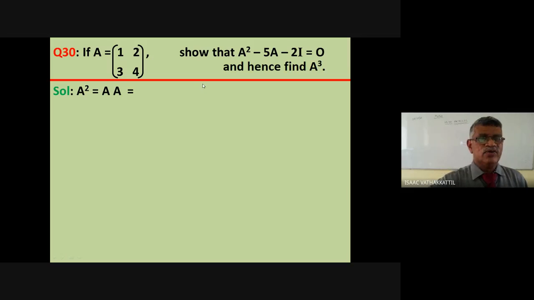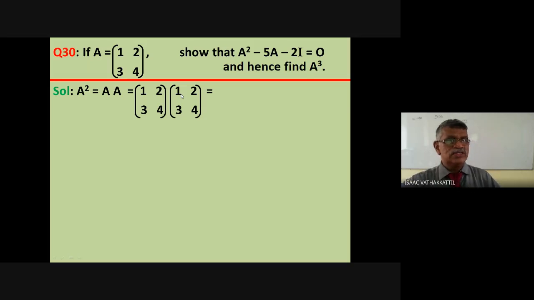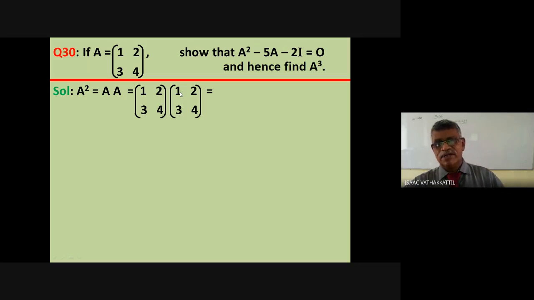A squared is A into A. So I write them side by side. Always I remind, you can master matrix multiplication to any level, but when you multiply two matrices, write them side by side with no excuse. Otherwise, you are going to end up in trouble. Trouble means it may take more time or it may make errors. So write them side by side.